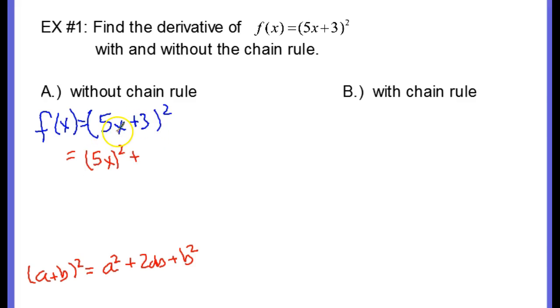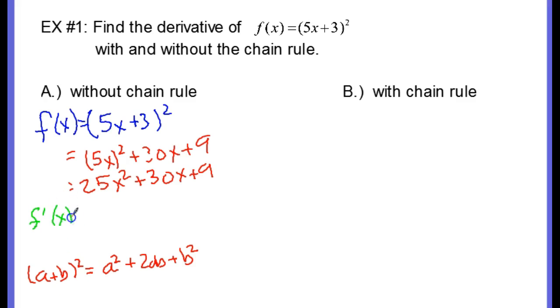That would be 3 times 5 is 15, times 2 is 30x, plus the last one squared is 9. So this is 25x squared plus 30x plus 9.